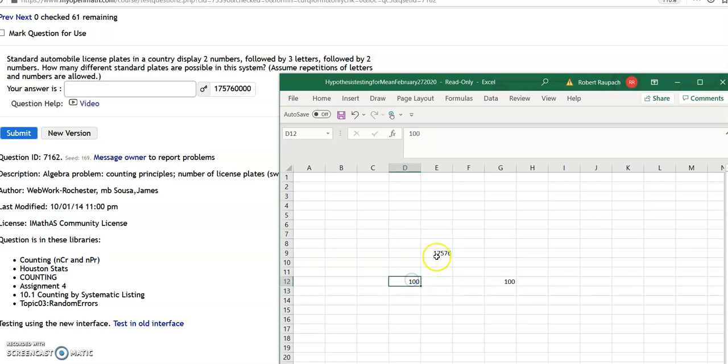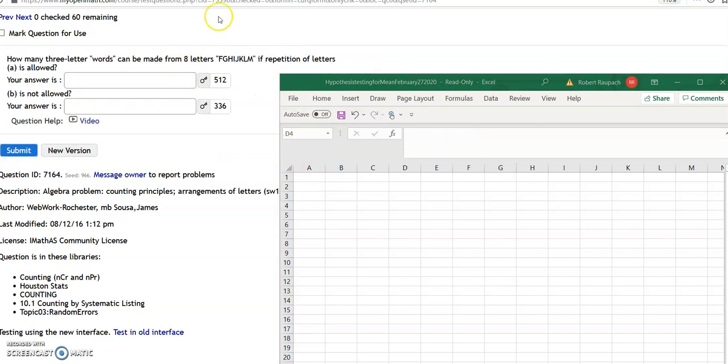So then you multiply 100 times 17576 times 100 again, and you have 175 million, whatever that number is, okay? Looks like 175,760,000 possibilities of license plate numbers and letters I could come up with.